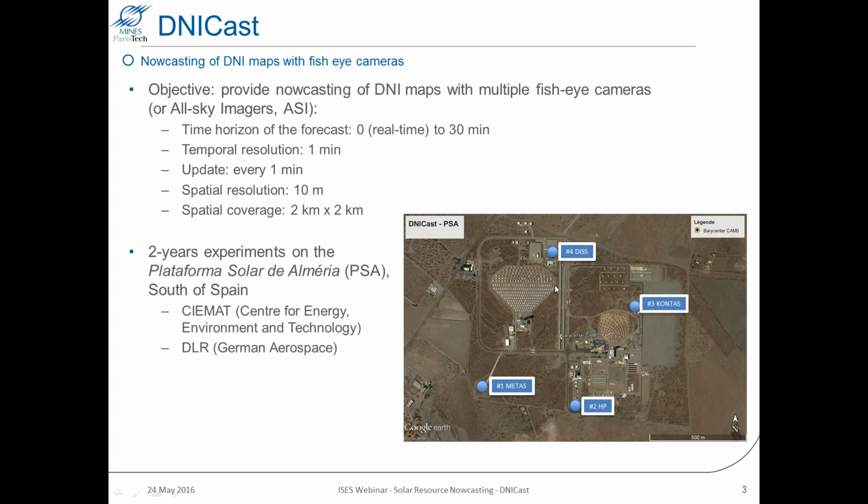Here we can see the 2 solar tower plants, and I have printed in this figure the 4 fisheye cameras and the distance between these cameras. We will see that it will be very important for the stereoscopic mode. It ranges between 500 meters and 900 meters.